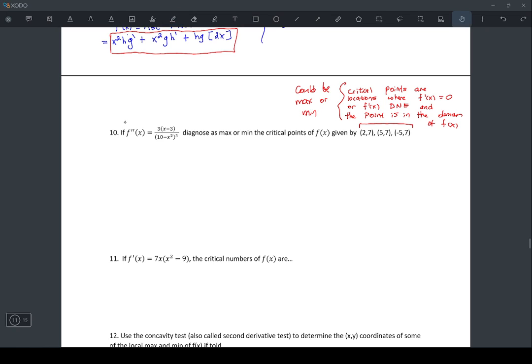Recall also that f double prime of x being positive tells us, I'll call it f double prime of x at a, f double prime of a being positive tells us that f of x is concave up at x equals a.